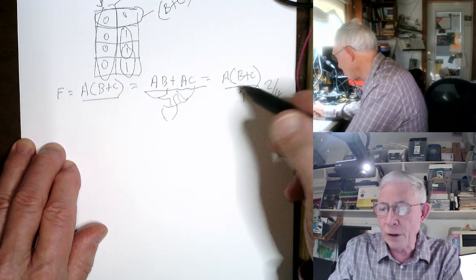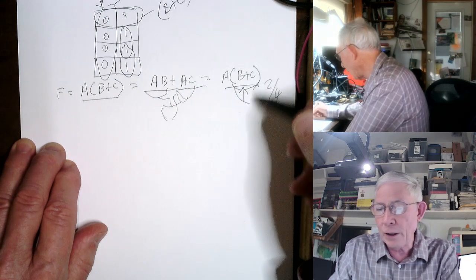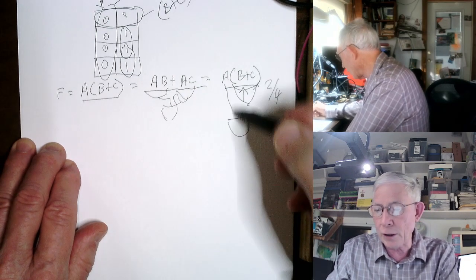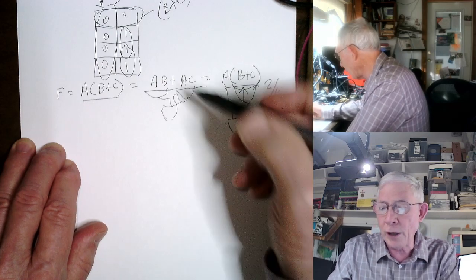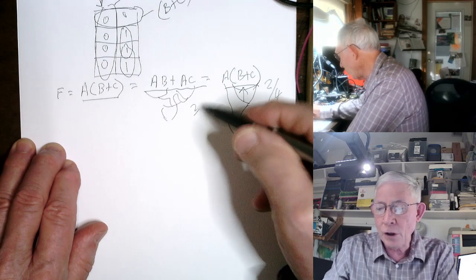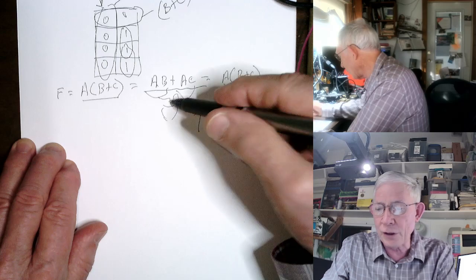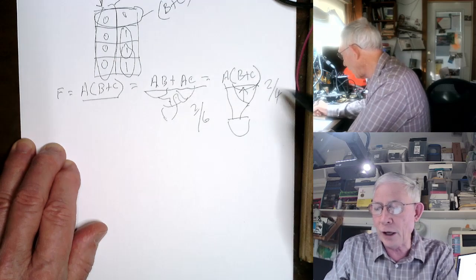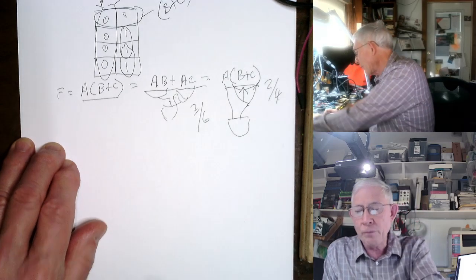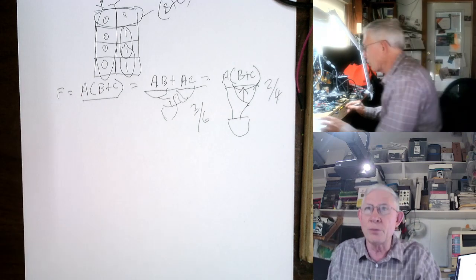Here we just have one OR gate and an AND gate, and this goes directly in, that goes in. So here you have three gates and six inputs; here you have two gates and four inputs. So clearly the POS is simpler. All right.